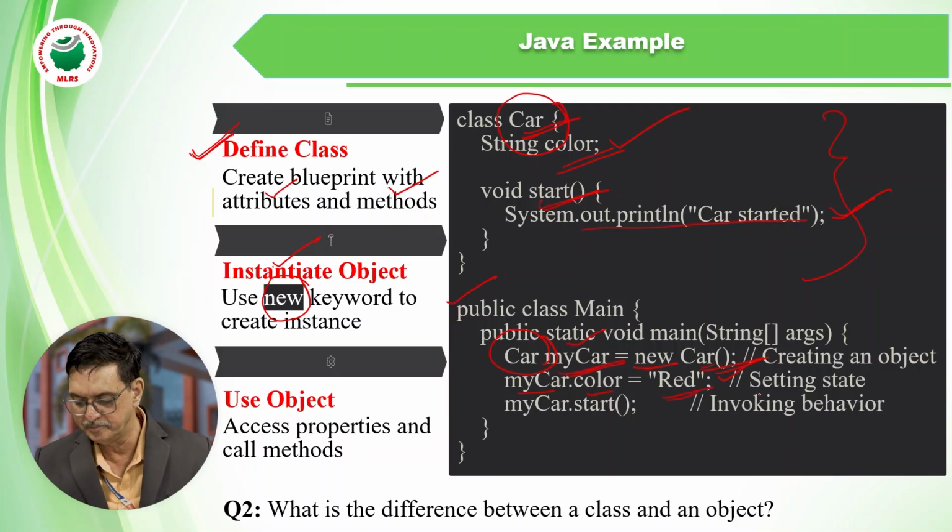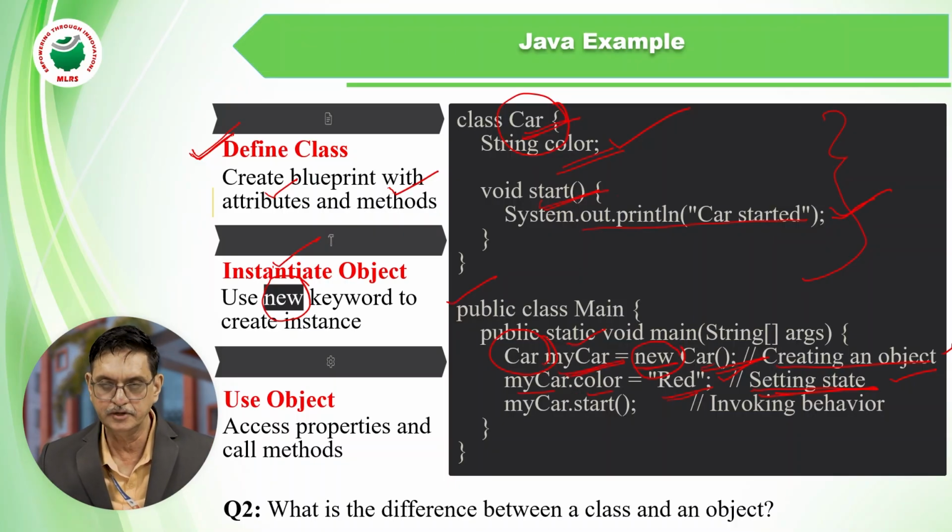That is the meaning of setting the state of the newly created object. First we created an object using the new keyword. Then we set the state of the object by assigning the required values to the object we already created.